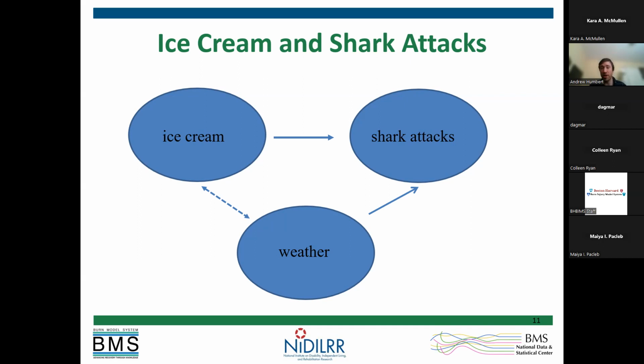So we're confident that there's an association between weather and ice cream. The question now is, what does this relationship look like? And indeed, we think that weather is causing ice cream, and weather is causing shark attacks. And once we incorporate the role that weather has in this data, we then lose this relationship between ice cream and shark attacks, right? That's at least the thought behind it for this specific example.